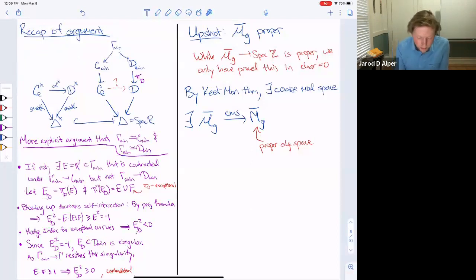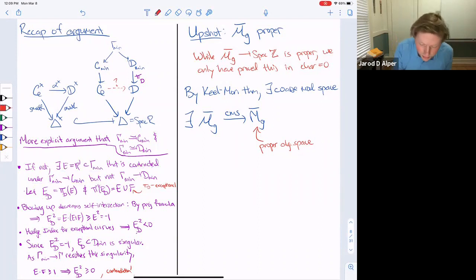The strategy is that, if they're not isomorphic, these are birational maps of smooth projective surfaces, and we have a structure theorem that they are compositions of blowups. So if they're not isomorphic, there must be an exceptional P1 in gamma min that is contracted under one but not the other.